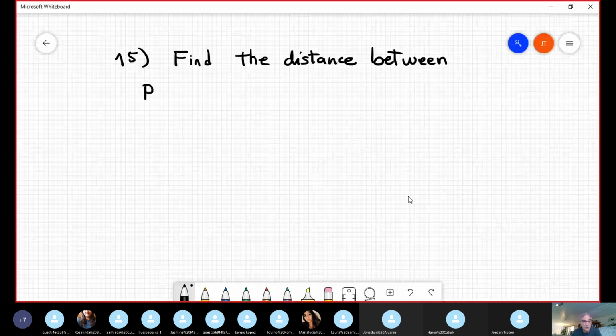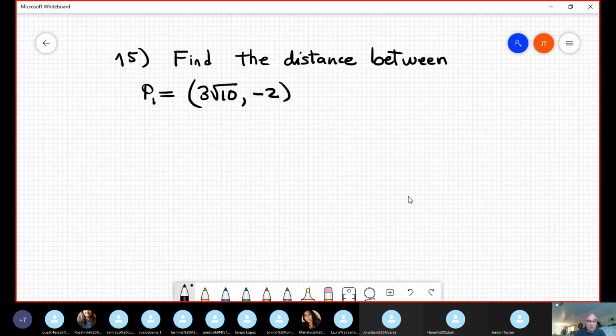The first point is P1, and P1 is the point 3 radical 10, negative 2. I put it here because they always want complicated, irrational, crazy numbers. My review is similar to the test, so the same complication. You never see 3 and -2 or 1 and 2. They want to complicate your life a little bit, because my goal is training you in this situation. P2 is 5 radical 10, 1. Okay.